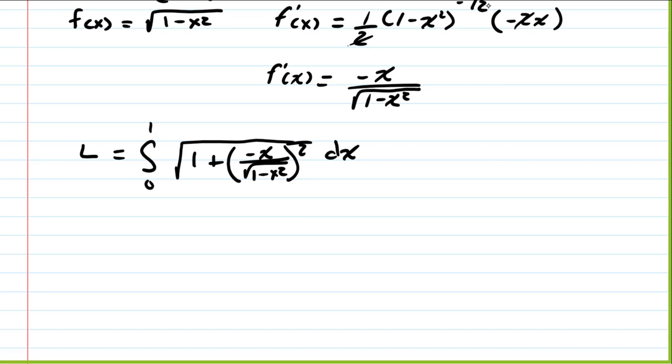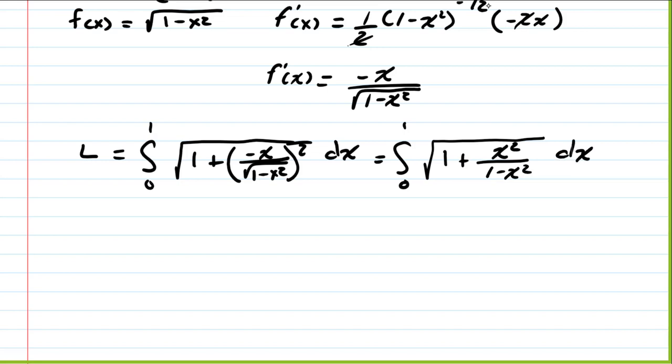And now we need to simplify. So 1 plus negative x times negative x is positive x squared. And if you square a square root, it reduces out. So now we need to get a common denominator. And our common denominator is 1 minus x squared.